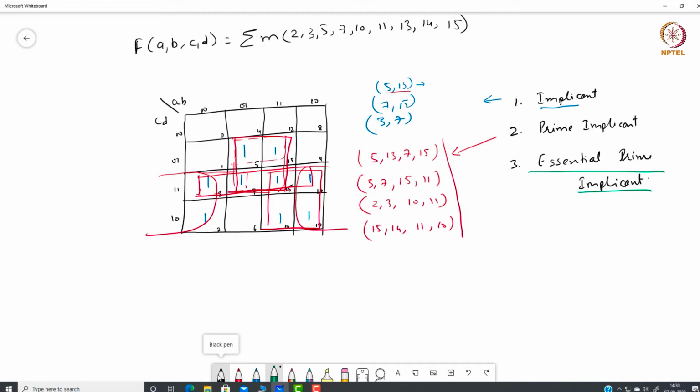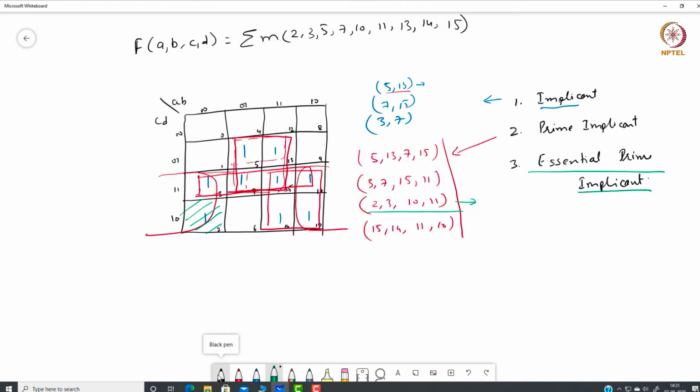To find out which cubes are part of our final solution, we look at our min terms, and we see some min terms which are covered by only one prime implicant. So let us see this. Min term 2 is covered only by one, so this becomes an essential prime implicant.